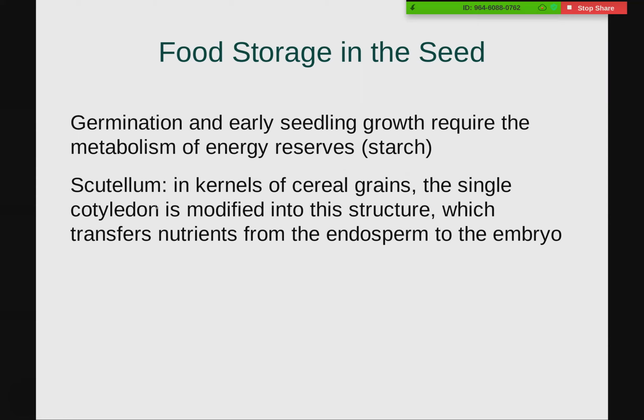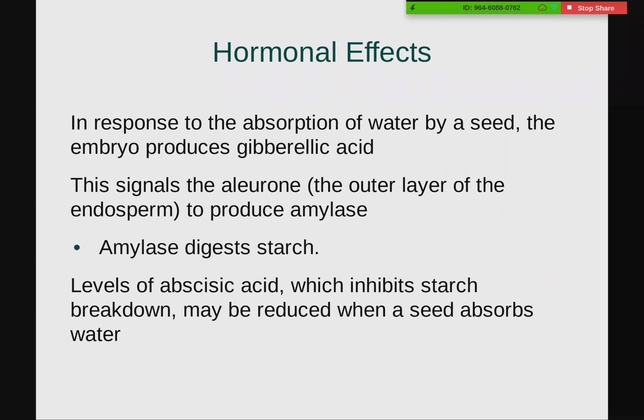Now, we have what's called the scutellum, which is in our kernels of cereal grains, where the single cotyledon is actually modified into the structure. So it's a monocot, which transfers nutrients from the endosperm to the embryo. Now, there are also hormonal effects here that, in response to the absorption of water by a seed, the embryo produces what we call gibberellic acid, and this signals what we call the aleurone, which is the outer layer of the endosperm, to produce amylase, which digests starch.